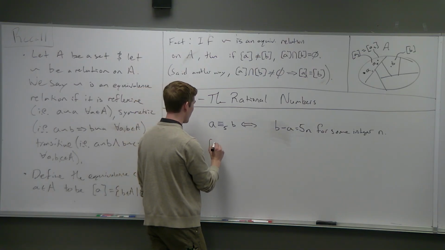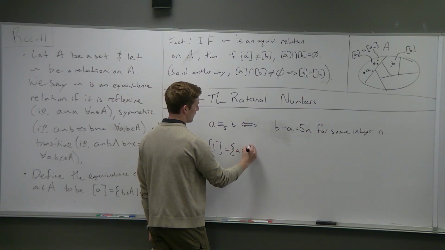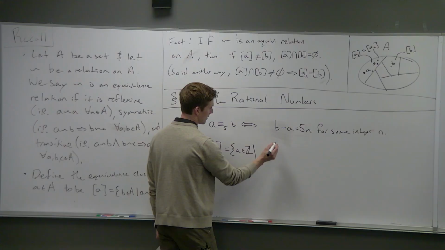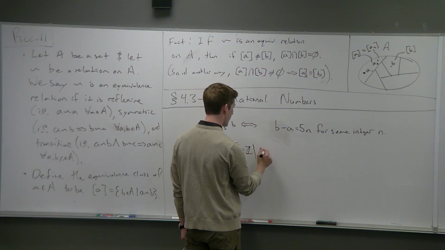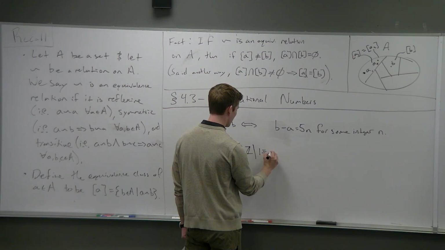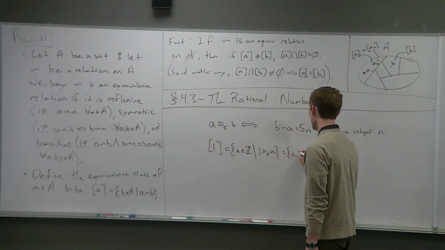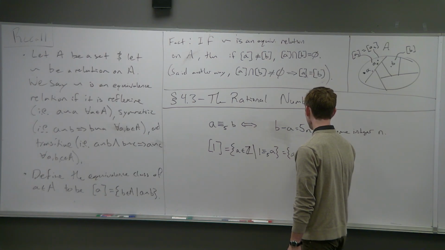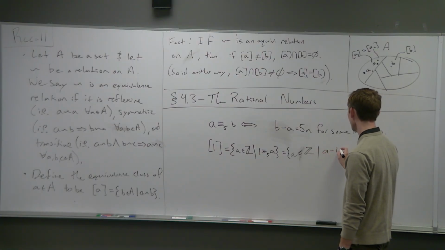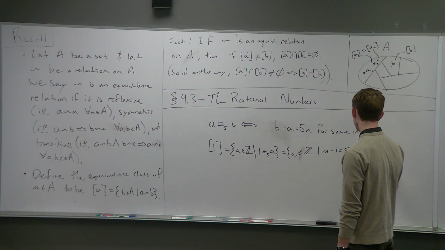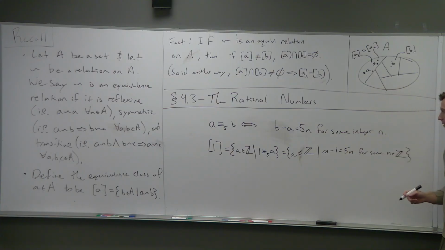So the equivalence class of 1 would just be the set of all a in Z such that 1 is equivalent to a, which is just the set of a in the integers such that a minus 1 equals 5n for some n in the integers.